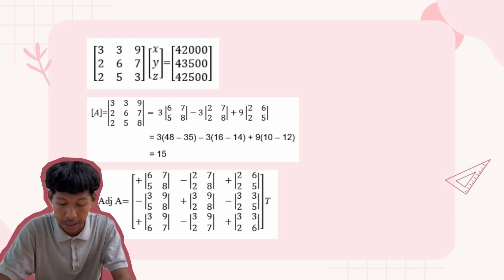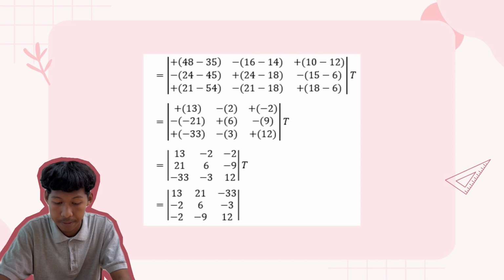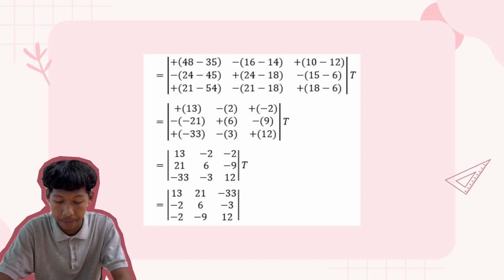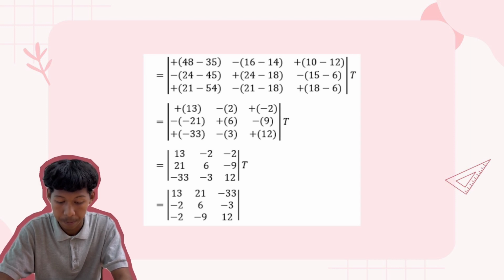As shown in the slide, that's how we will get. Next, we have to expand the value in the matrix, and we get the same thing and simplify it and the final value will get 13, minus 2, minus 2, 21, 6, minus 9, negative 33, negative 3, 12.